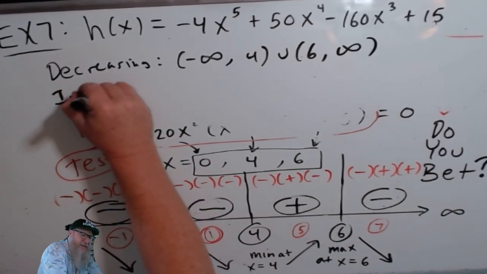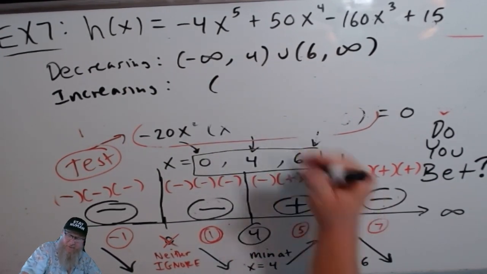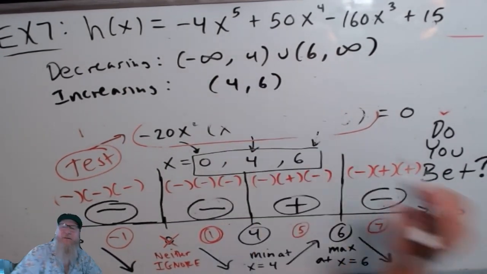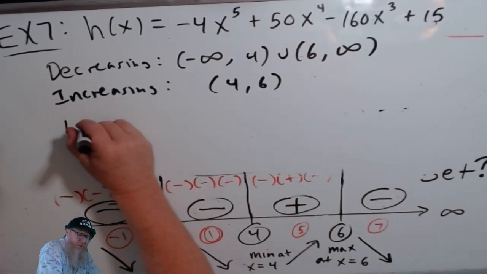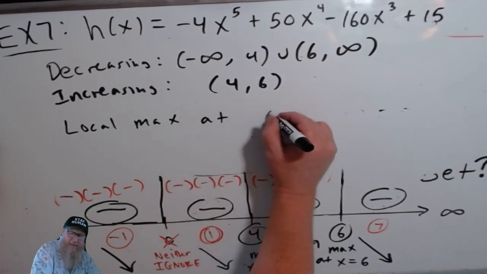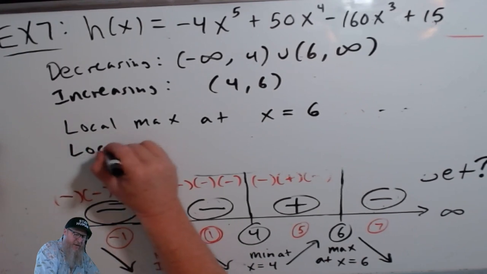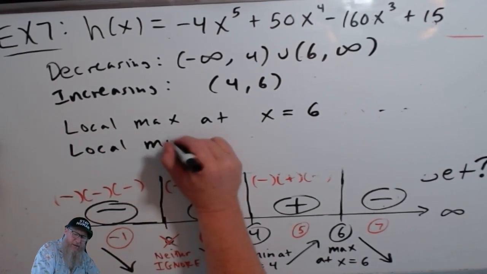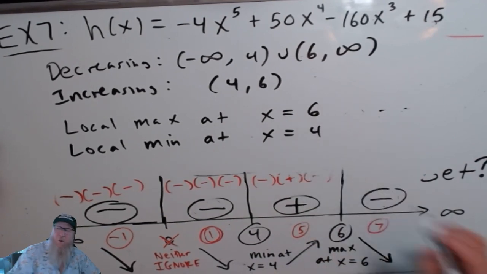And then increasing just between 4 and 6. And then we have a local or relative max at x equals 6. And we have a local or relative min at x equals 4.